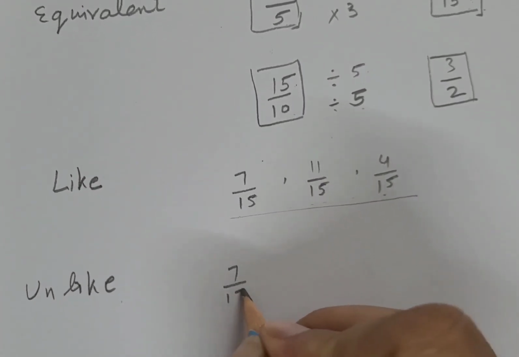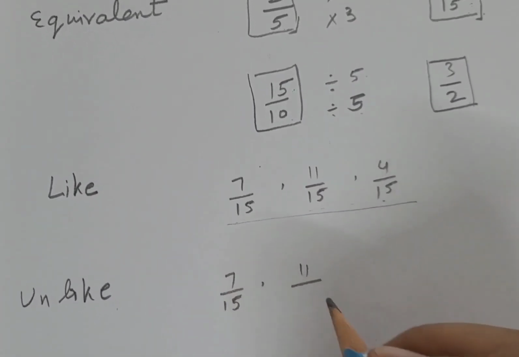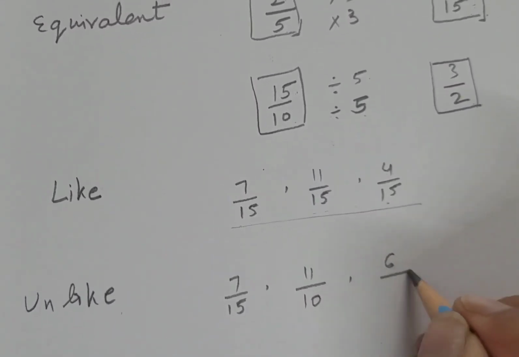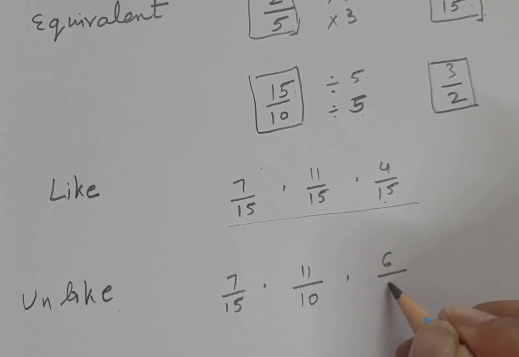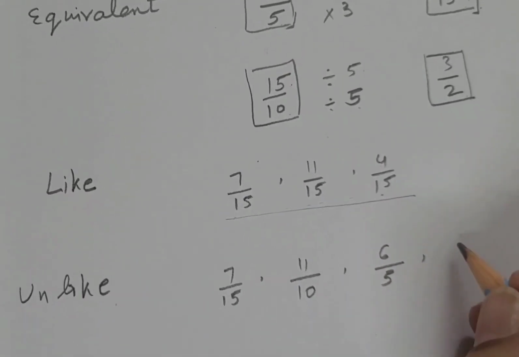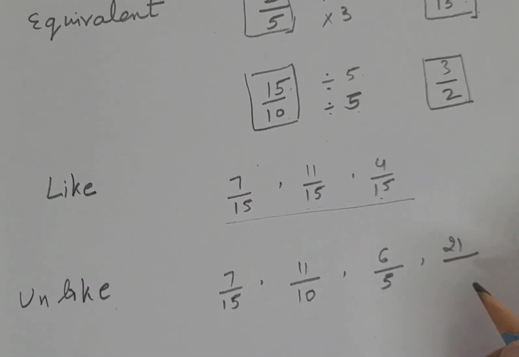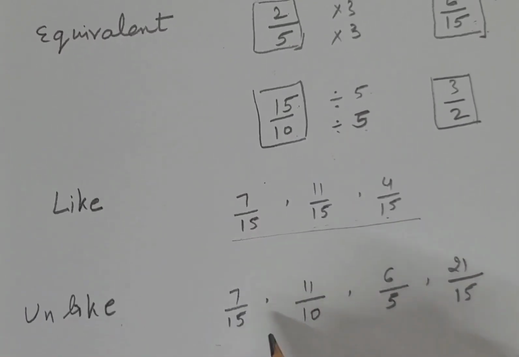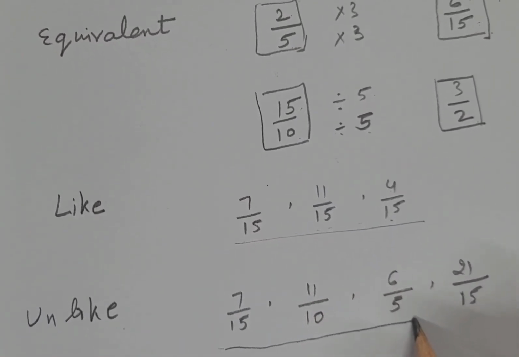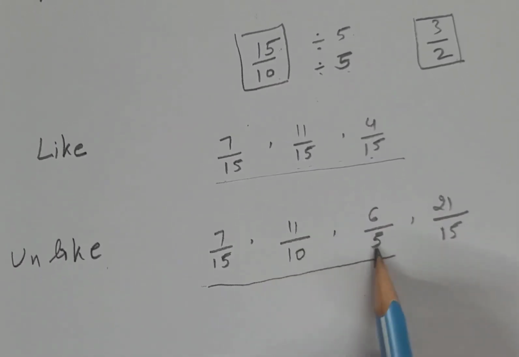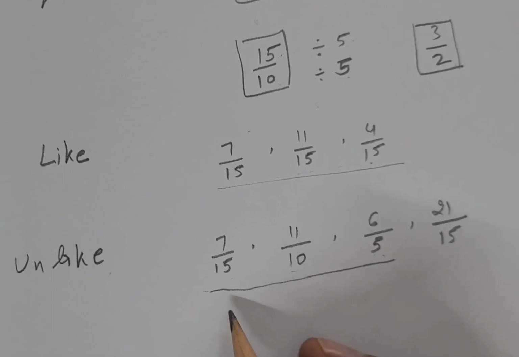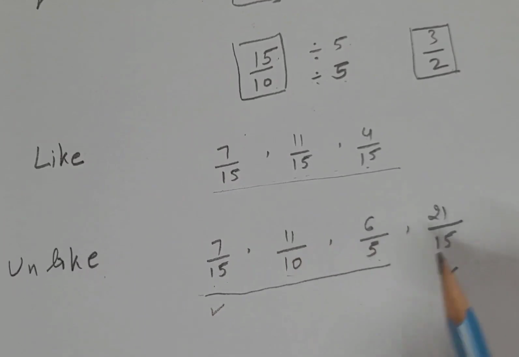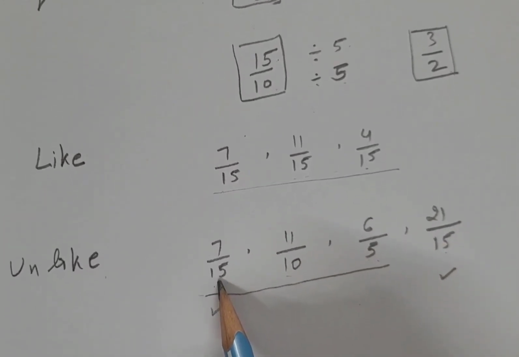So if I have 7 by 15, 11 by 10, 6 by 5, 21 by 15, out of all these, three are unlike fractions because they have different denominators. Whereas I can say 7 by 15 and 21 by 15 are like fractions because these two have the same denominator.